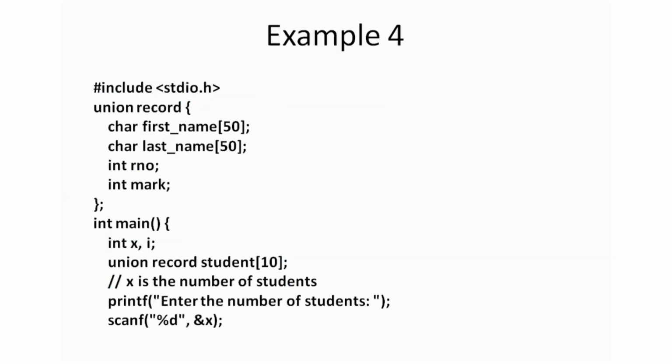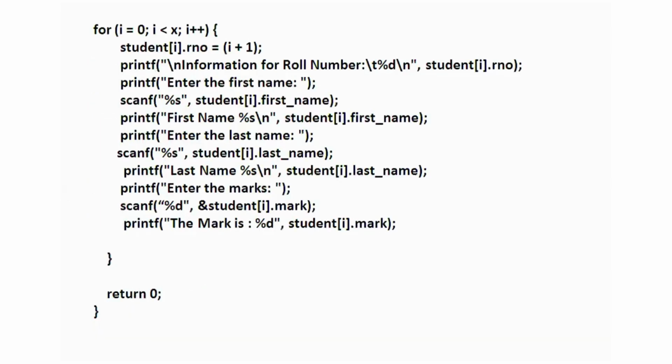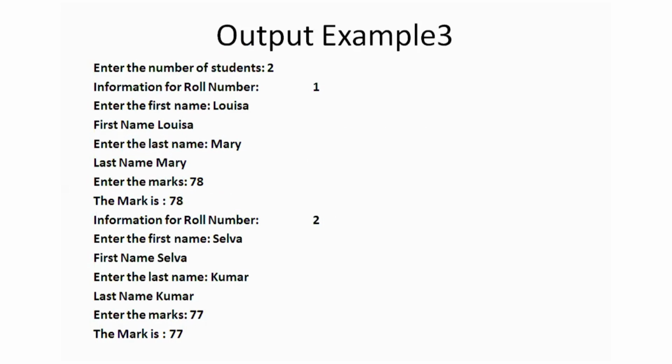But in the previous program, example 3, we get the correct output because once we receive the input, we immediately print it, one variable at a time. Using the union, we can print one variable at a time. If we want to print all the variables at a time, only one variable will be printed. For this purpose, example 3 and example 4 are taken.